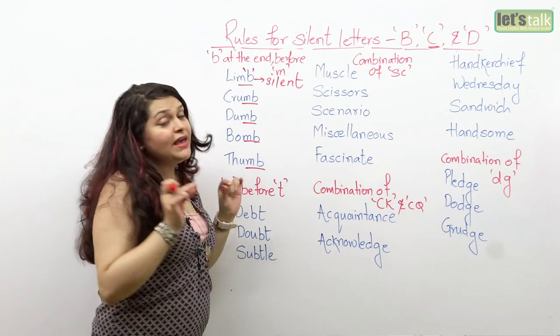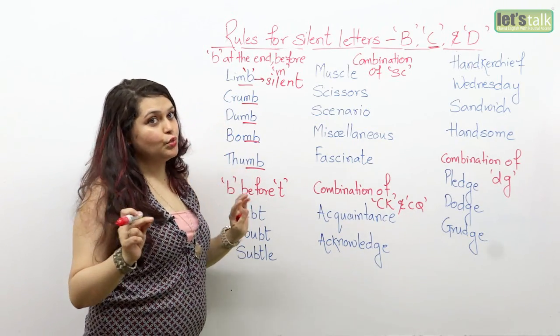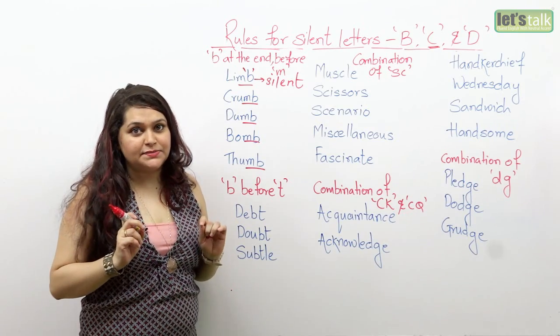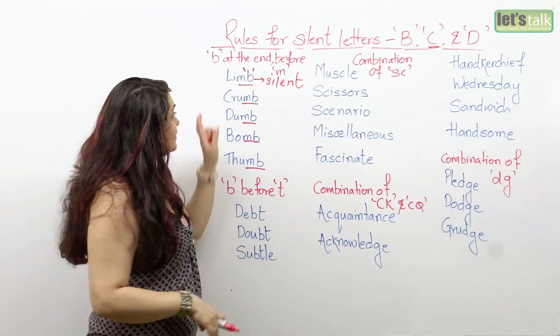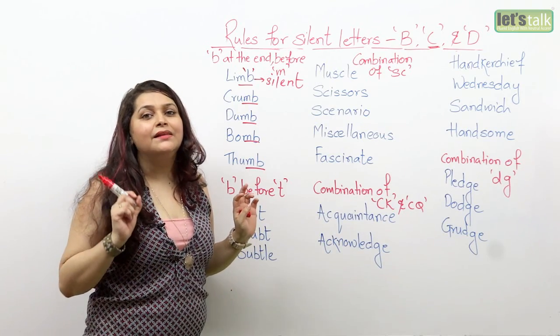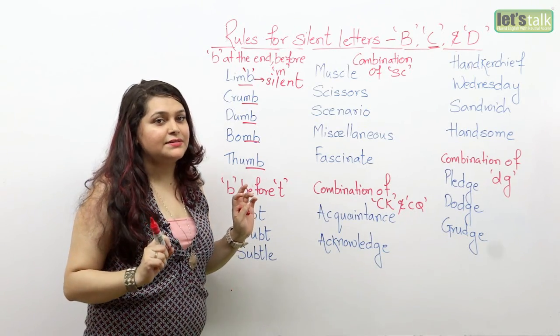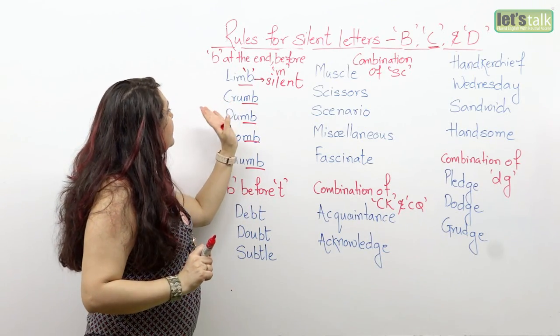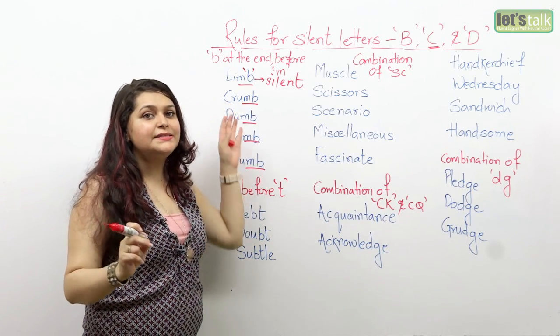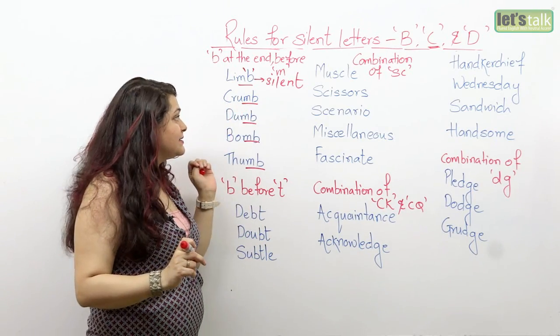Now if we apply this rule to these words, how will we say them? Listen carefully. L-I-M-B is not "limb" with a B sound, it's limb, because B is silent. Similarly, C-R-U-M-B is crumb, because B is silent.